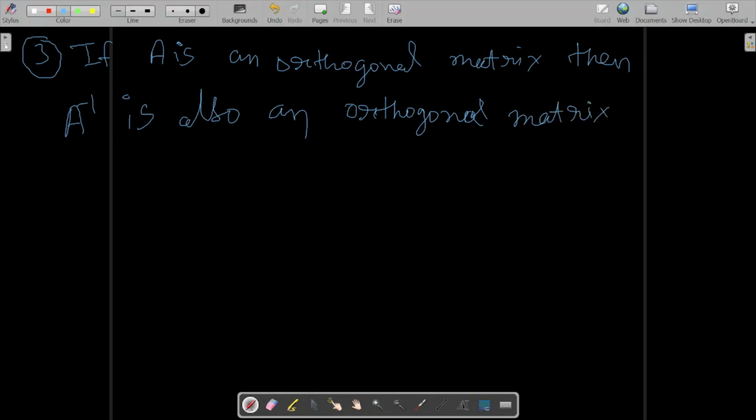If A is an orthogonal matrix, then A inverse is also an orthogonal matrix. So we have to prove it. So proof is over here.